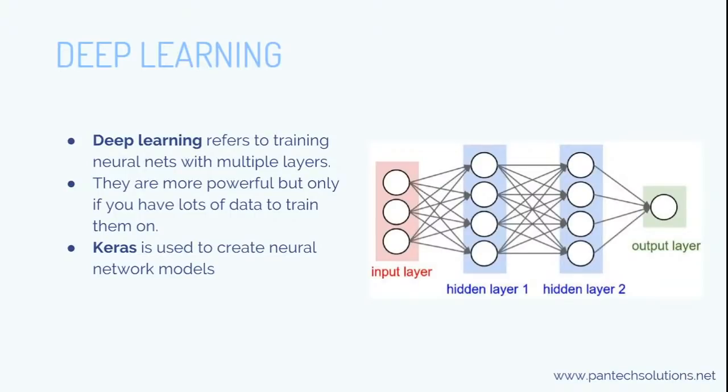Here you can see this line: they are more powerful, but only if you have a lot of data to train them. In this line we have the difference between machine learning and deep learning. What is the difference? If you take any machine learning algorithm, it will give the result for medium-sized data.